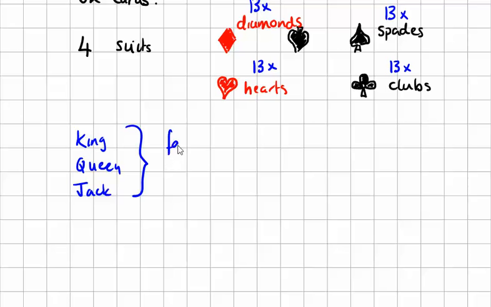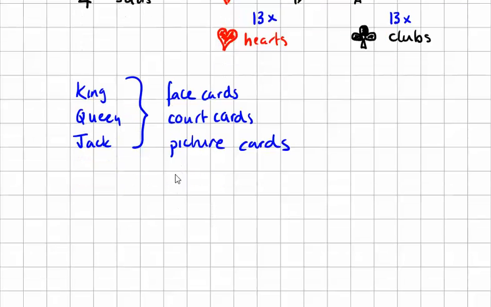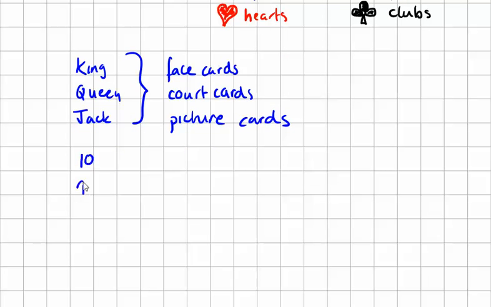They've got some names: face cards, picture cards. Court cards is their original name. And then of course, after that, you've got 10, 9, and so on down to 4, 3, 2, and finally an ace.